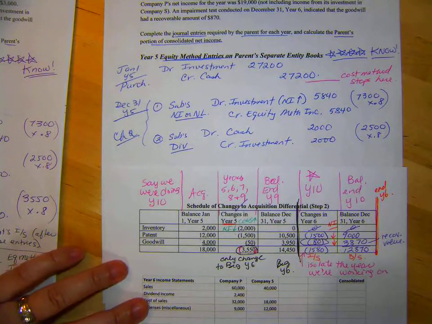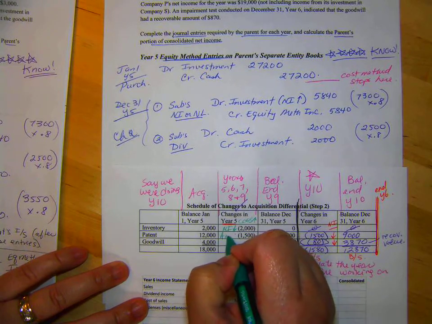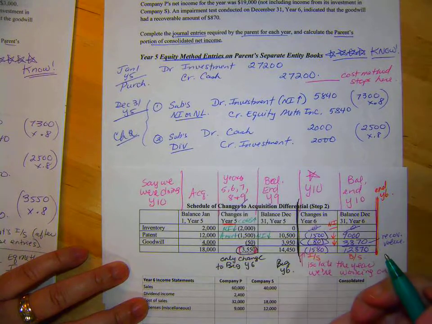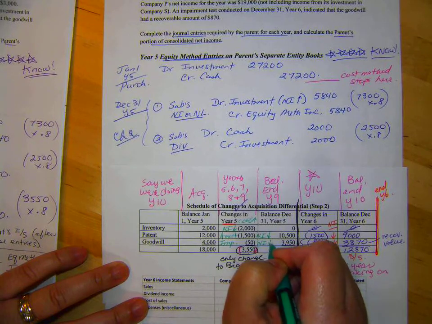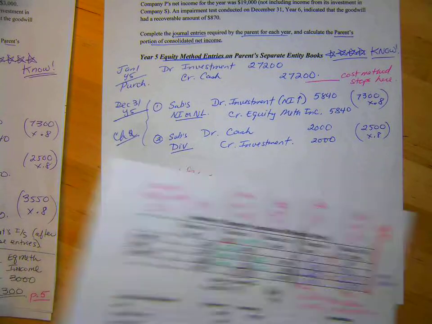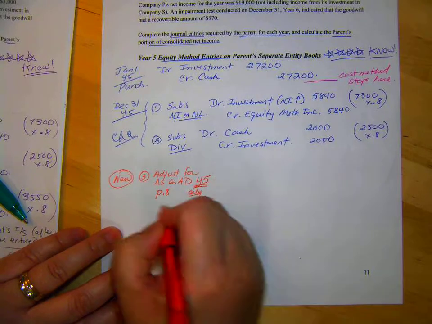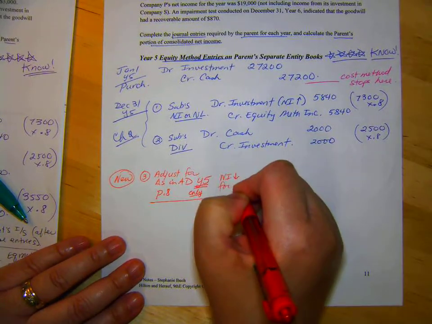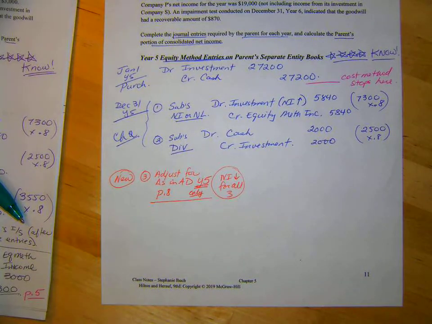Patent, we've got impairment or amortization, so net income is going down. Goodwill is impairment. Net income is going down. So all three of them, net income's going down, so we can just sum them up. You guys just make sure you pay attention to the sign.